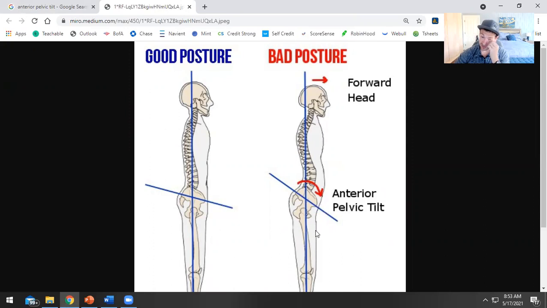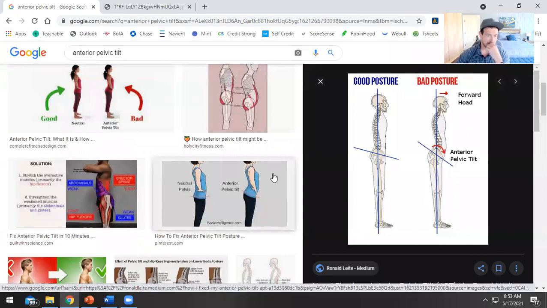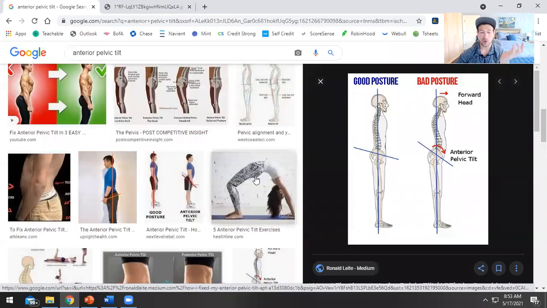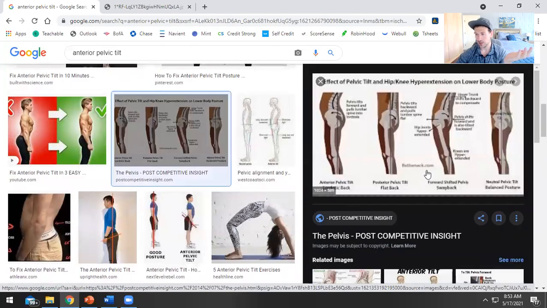Because you've got tight hip muscles, or maybe weak glute muscles, or tight low back muscles, or weak ab muscles, you can see we're putting way too much pressure on certain parts of the spine. And so you're going to move in ways that you're really not designed to move, and it could cause an overuse injury.